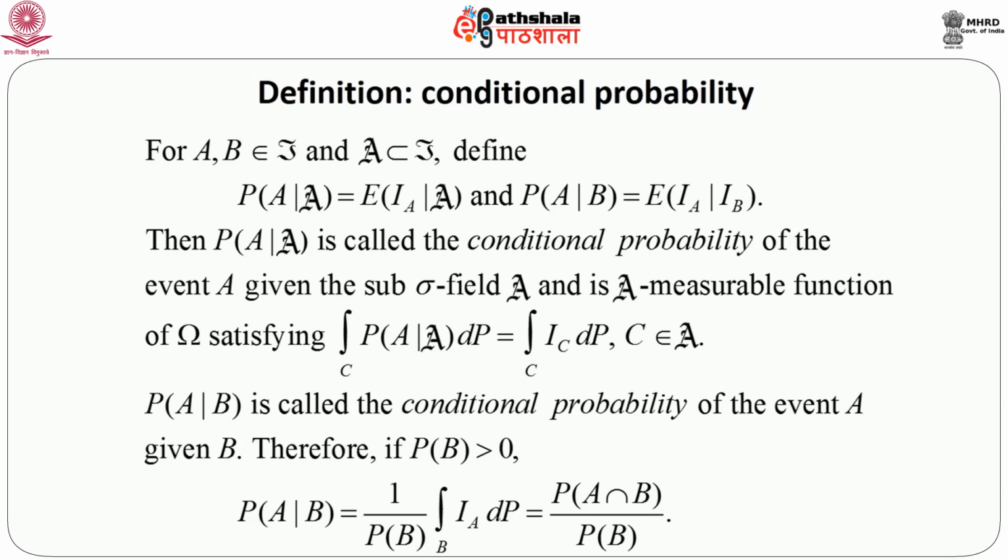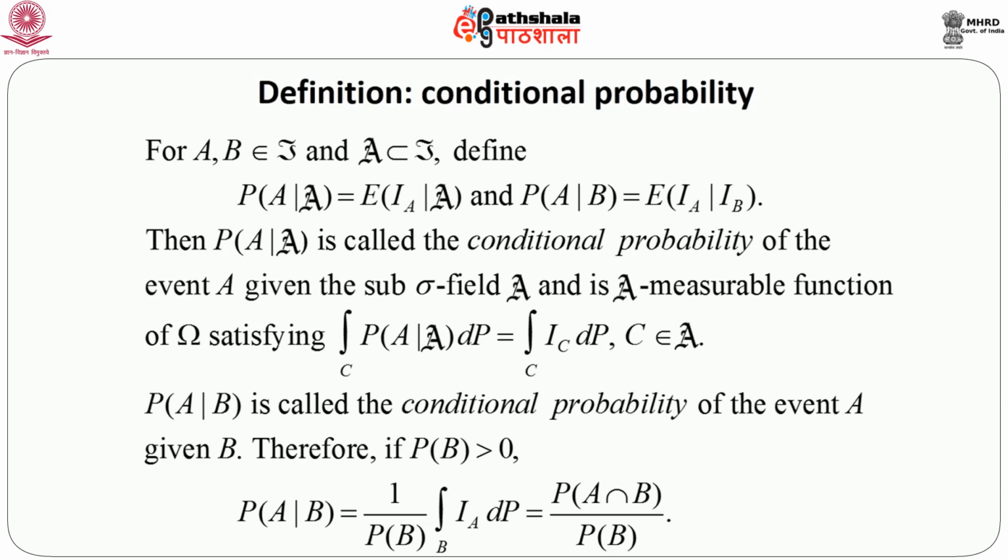So assume that there are 2 sets A and B that belong to script F and another script A which is a sub sigma field which is a subset of script F. Then define the probability of A given script A equals the expectation of the indicator function of A given script A.